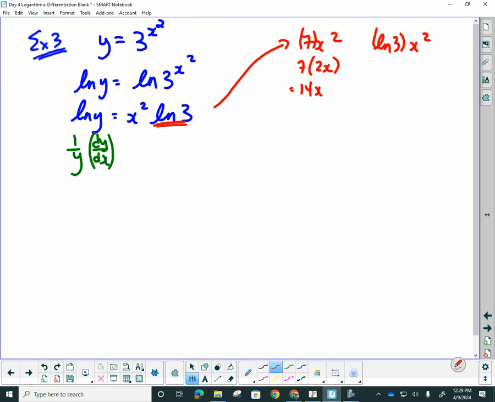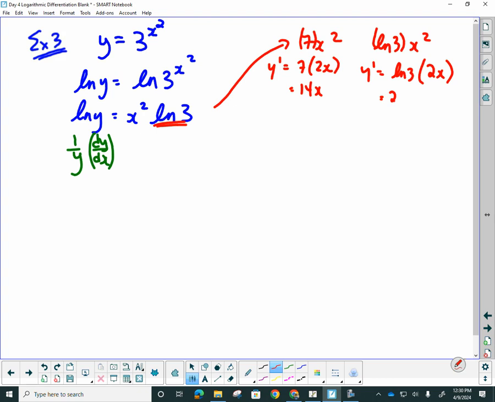So the derivative is, well, the coefficient just stays there, ln 3, times the derivative of x squared, which is 2x. Then we multiply those together. Now ln 3, the 3 is not a number here, it's ln 3.